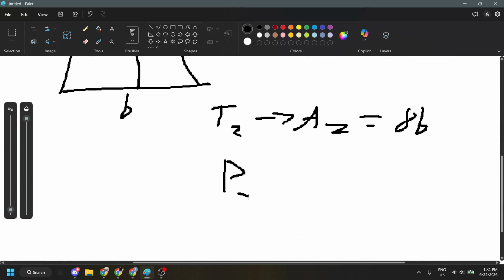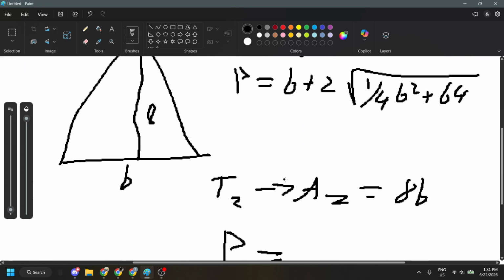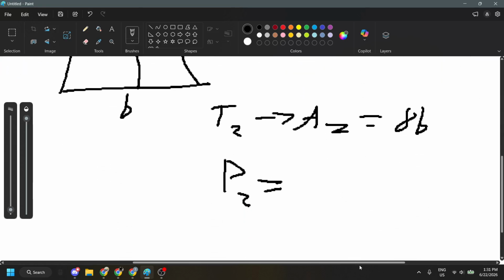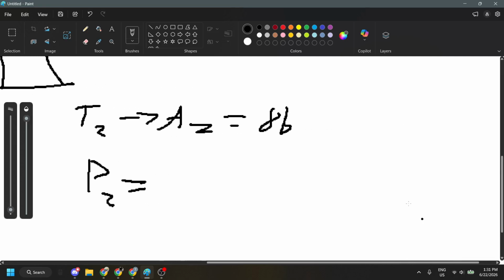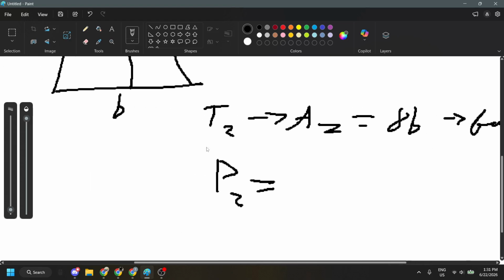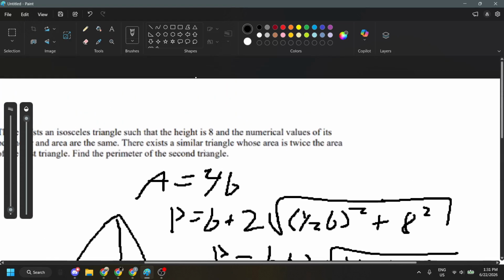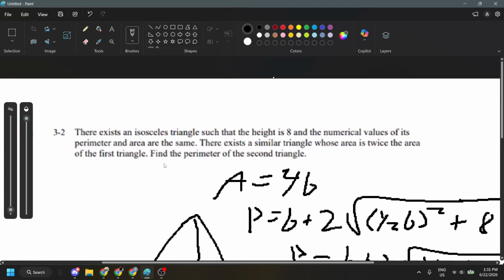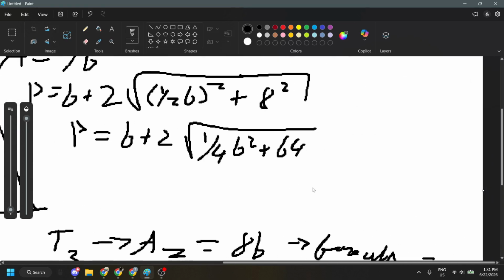Okay, so the perimeter of triangle 2, so then that means that the base of triangle 2 is equal to just 2b. Oh, shoot, if it's similar, then the height will also be scaled the same.